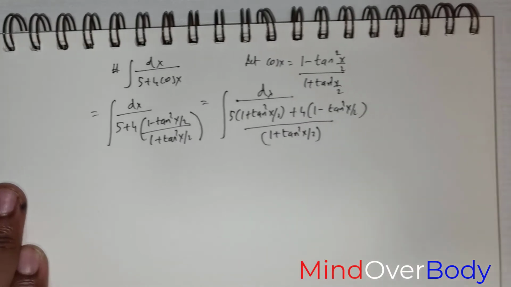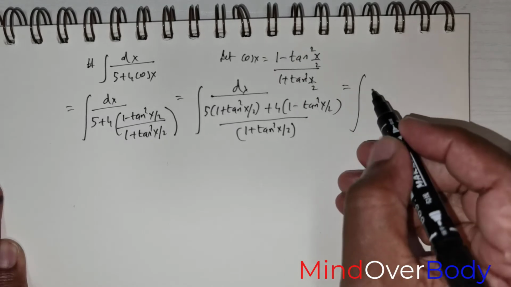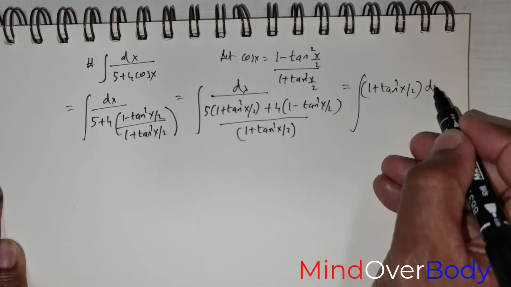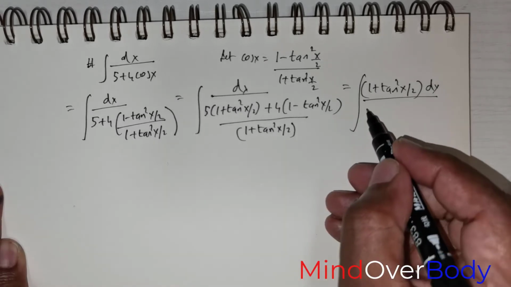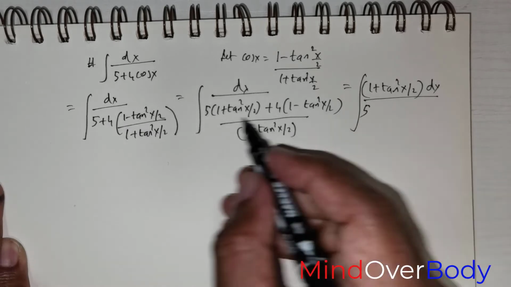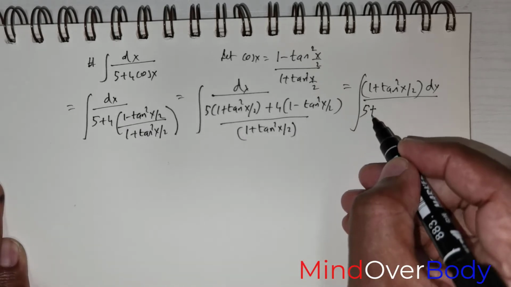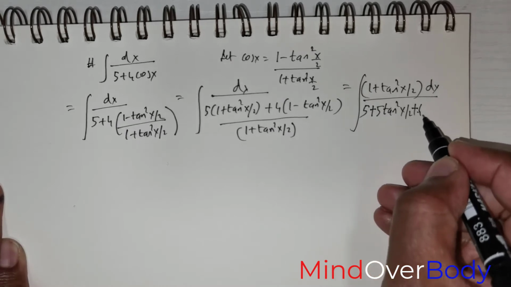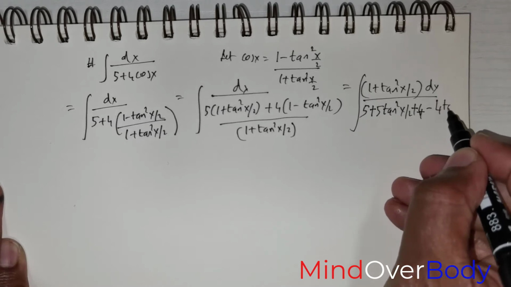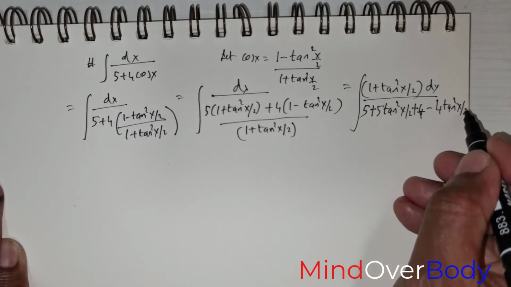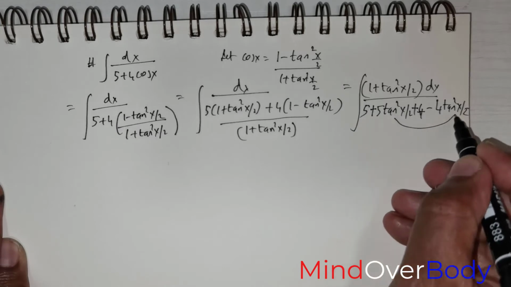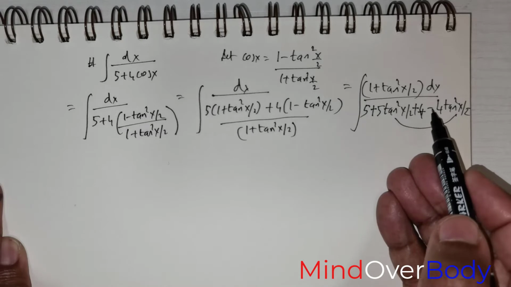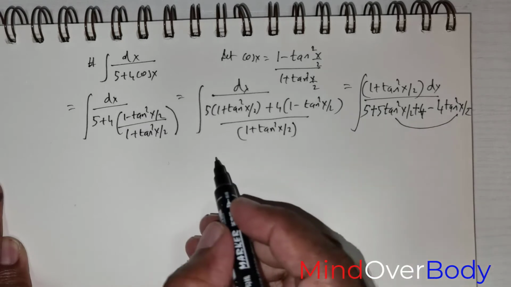If I were to flip it, this can be rewritten as integral 1 positive tan squared x over 2 times dx divided by, I'm distributing the quantities of 5 and 4, so that would give me 5 positive 5 times tan squared x over 2 positive 4 negative 4 times tan squared x over 2. So 5 times tan squared x over 2 added with negative 4 times tan squared x over 2, taking the negative sign into account, will produce us a tan squared x over 2.